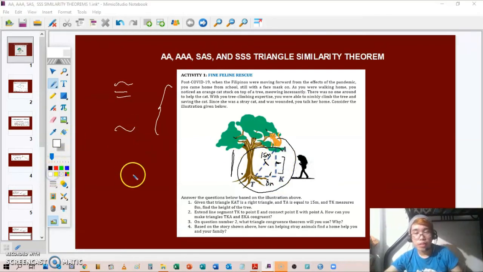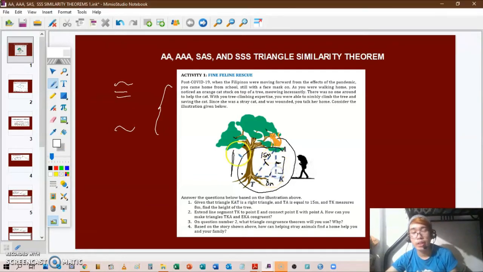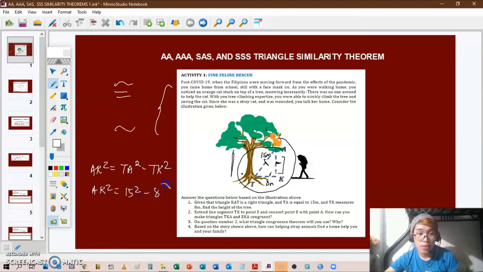Since we can draw a right triangle here, we can use the Pythagorean theorem to solve for the value of AK. AK squared is equal to TA squared minus TK squared, so AK squared is equal to 15 squared minus 8 squared. 15 squared is simply 225.